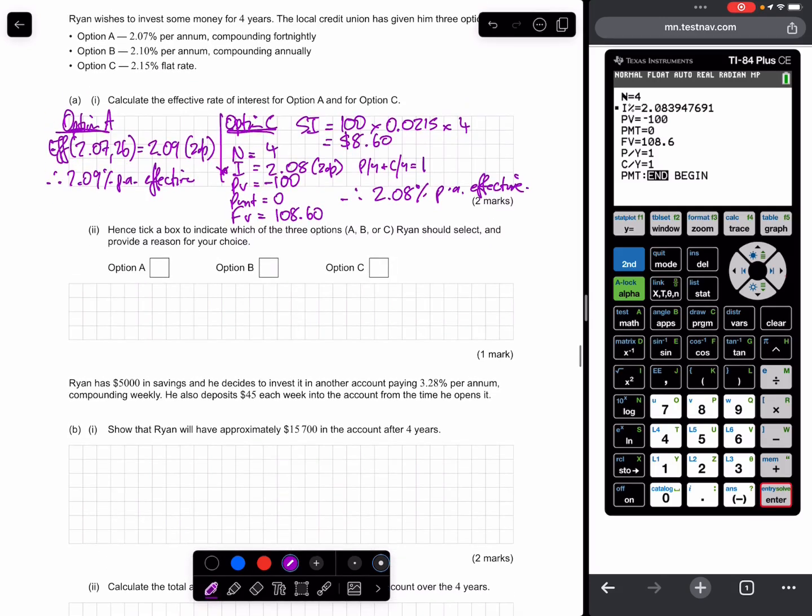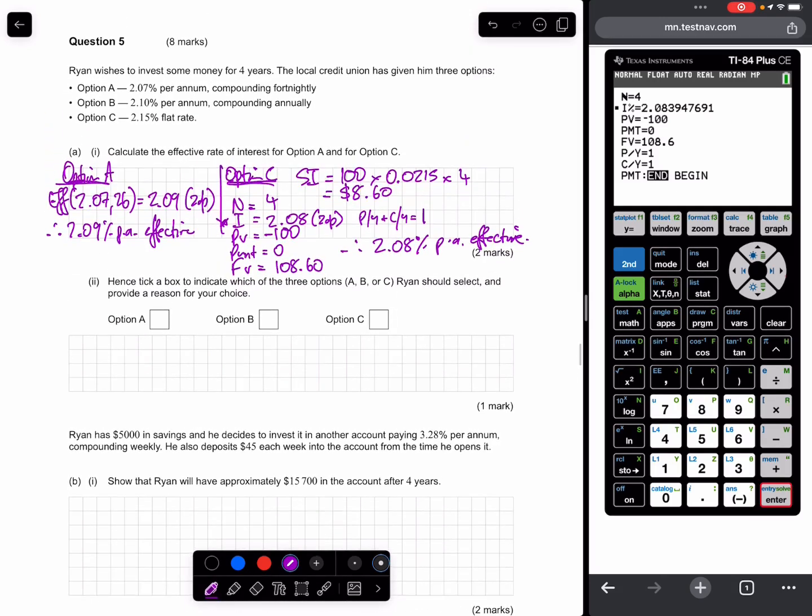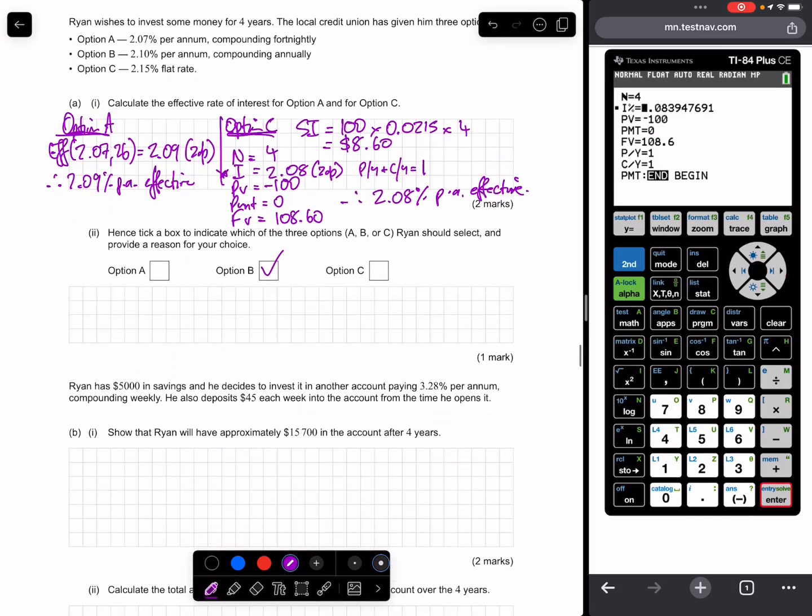Hence, tick a box to indicate which of the 3 options Ryan should select and provide a reason for your choice. Option B, it's the highest rate. Effectively, why? Because this is already the effective rate. Provide a reason for your choice. Option B compounds annually.